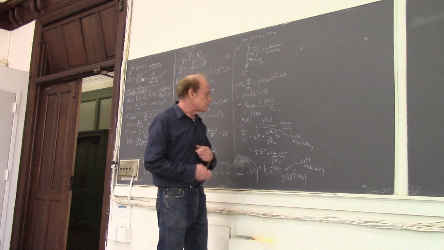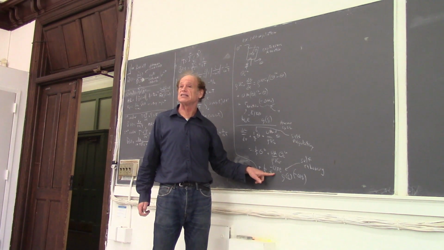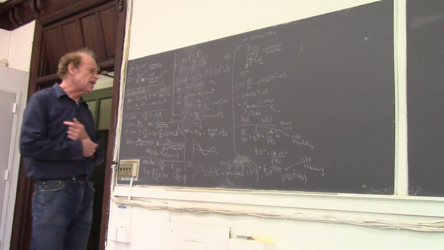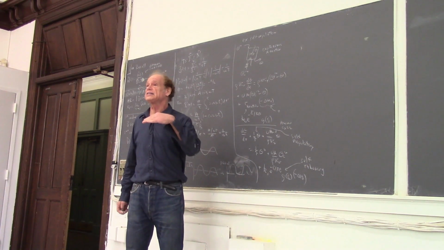On the other hand, if this term gets very big, and it can easily grow big because it grows exponentially, then I can have situations, and again, I'm not going to solve it in great detail, where the system will oscillate.